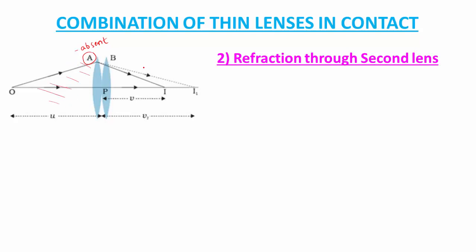Now what happens? When the first lens is absent, we can't see the object. This object is invisible. We don't know where the real object is because we are getting only this part. So we know only that this ray of light is coming from somewhere here. So now we cannot see the real object.